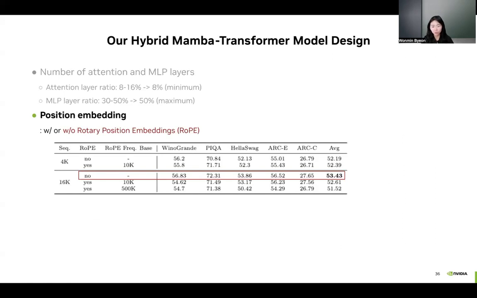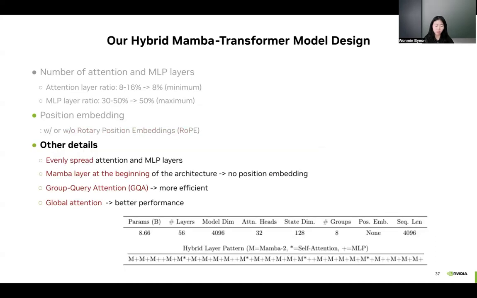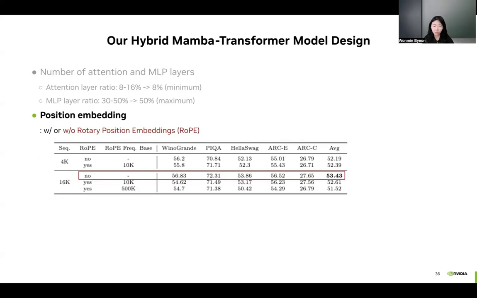But RoPE can be used in between the layers, and also at the beginning of the layers. These are a bit different things. For the beginning of the layers, because of that reason, we explicitly use a Mamba layer so that position is naturally embedded in the model. In the middle, we found that it was not necessary, I think because of the same reason. Okay, makes sense. Thank you.